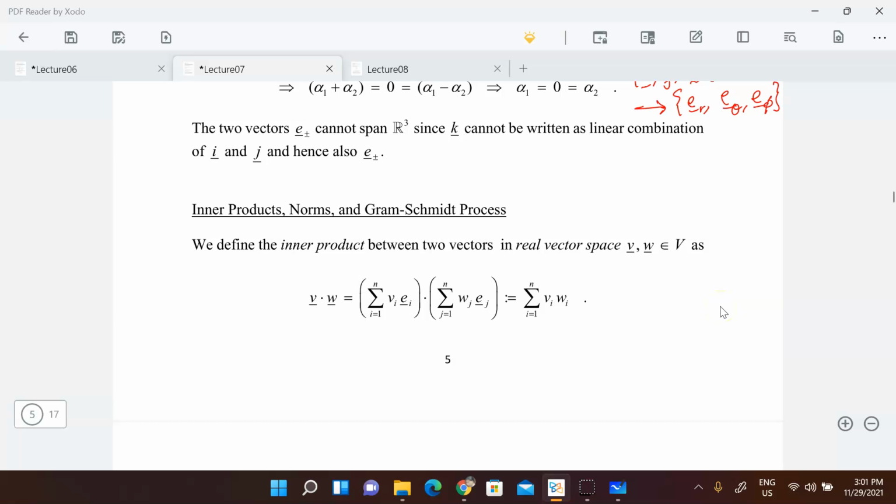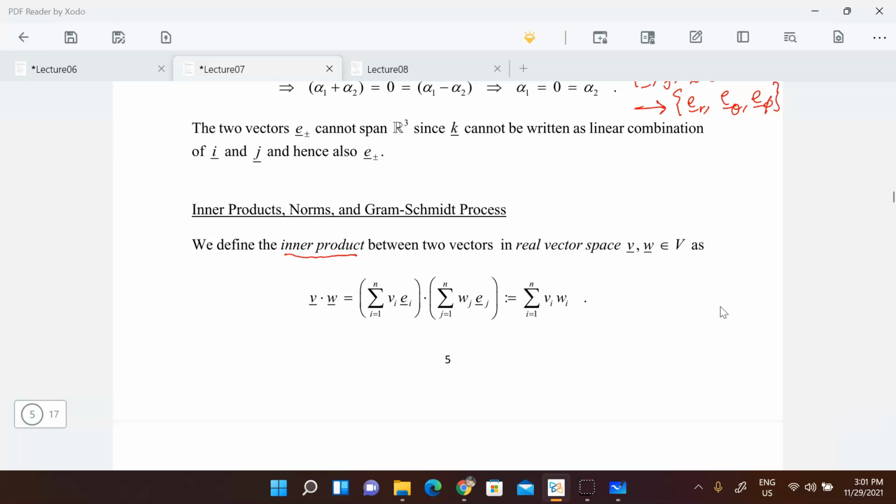Here what we're going to do is generalize some of the things that we already know in vectors. For example, one of the things we already know is your dot product. Your dot product in ordinary vector space can be generalized to the idea of an inner product.